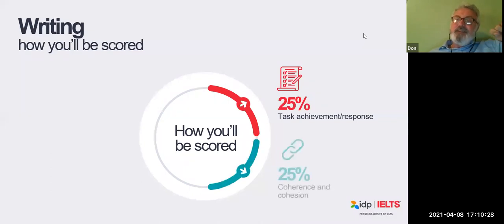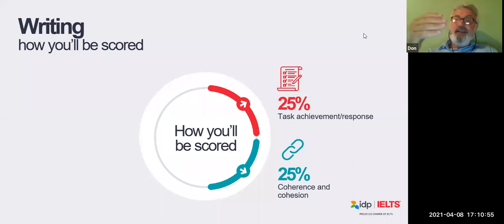The second criterion is coherence and cohesion. Now, coherence really means that what you write is logical. It means that people can understand it. It means that you begin with an introduction that tells the reader what you're going to do.